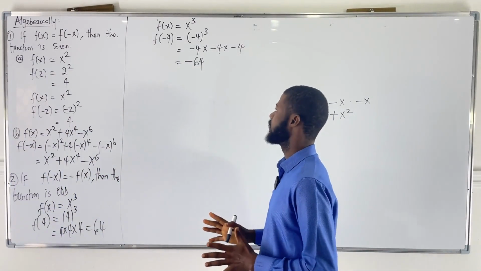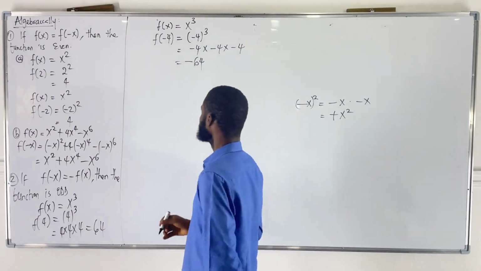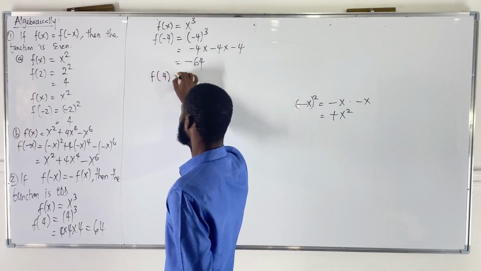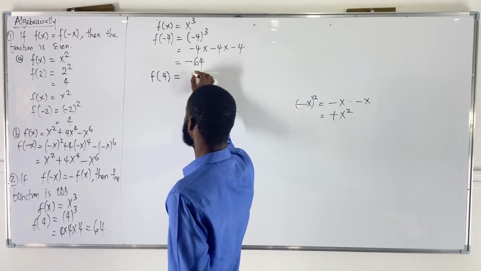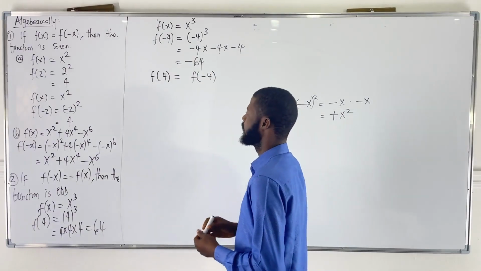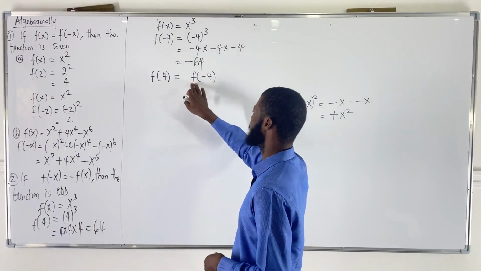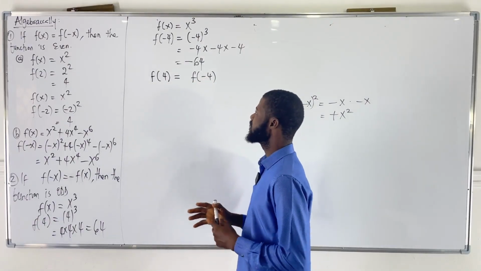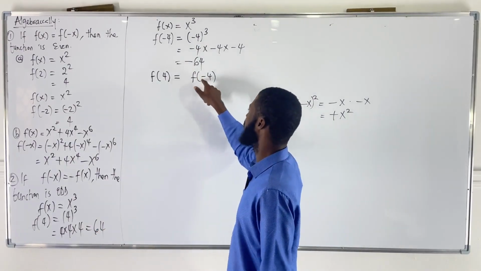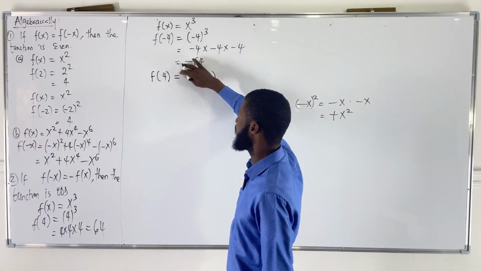If you look at this carefully, f of 4 was supposed to be the same as f of minus 4 for an even function. But we notice that it's not the same, because f of 4 was 64 and f of minus 4 is minus 64. So that means that there's a minus outside.